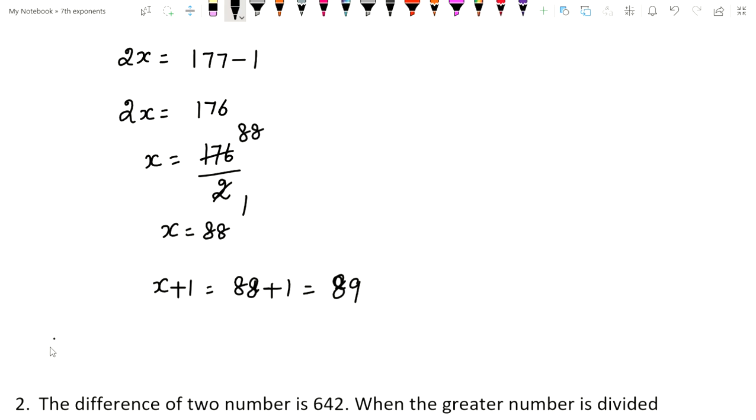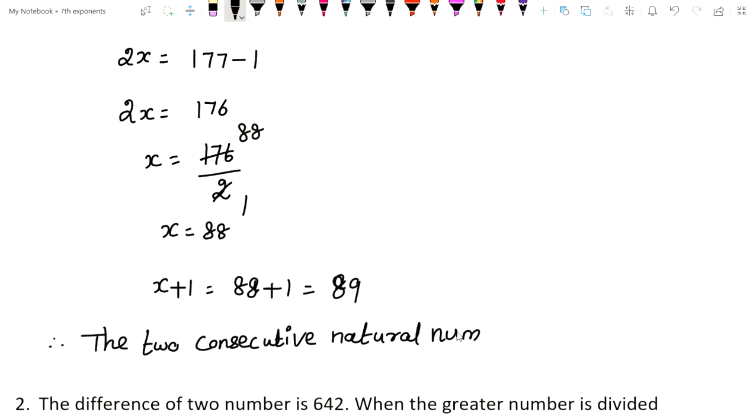So therefore the two consecutive natural numbers are 88 and 89. Is it clear, children?